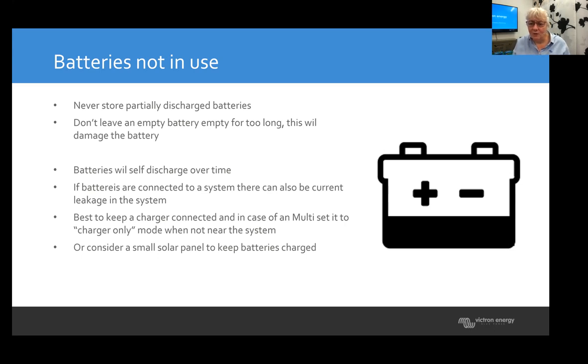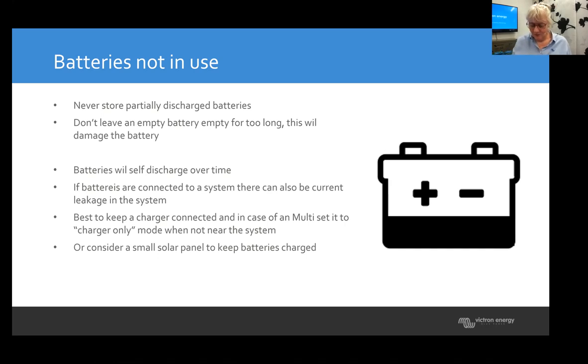So it's not good to store batteries away when they're not totally full, and they also discharge when they are stored. So they have a tiny amount of self-discharge. They leak electricity inside. So if you put a full battery on the shelf, 2 years later or 3 years later, that battery is empty. And then it's been left discharged for a while, and then it's probably sulfated, and you can throw it away, basically.